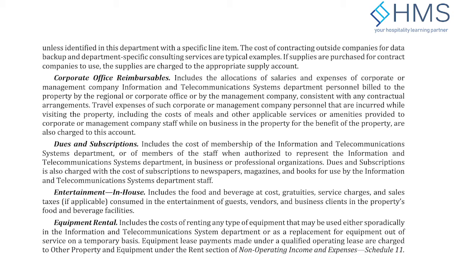Corporate office expenses, which are charged from the corporate office for IT related tasks, dues and subscriptions, if you have any membership for the Wi-Fi, or if we have subscribed to any magazine, newspaper, books, everything else will go here, not the software license.